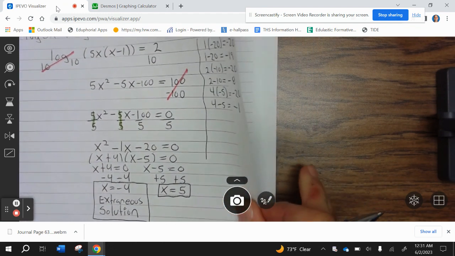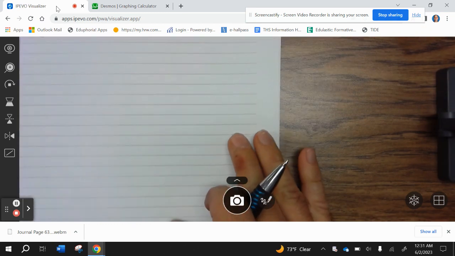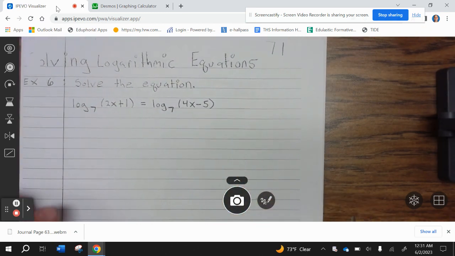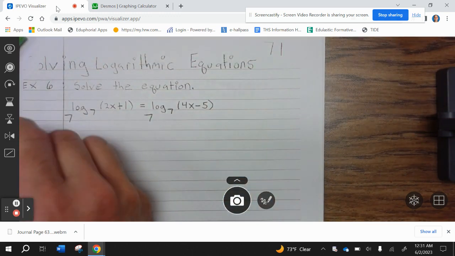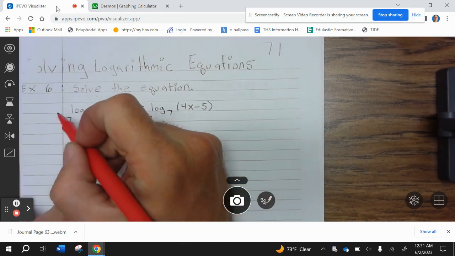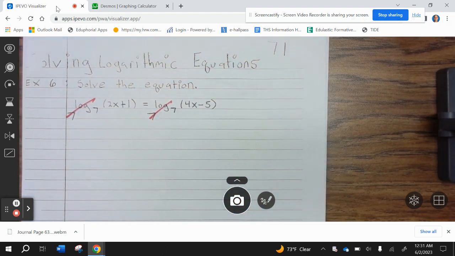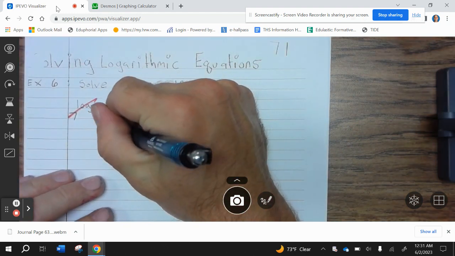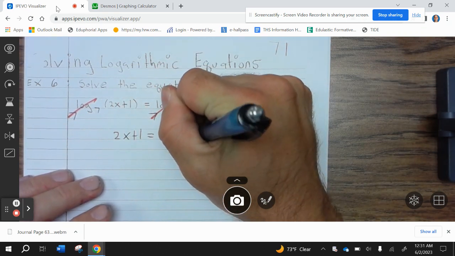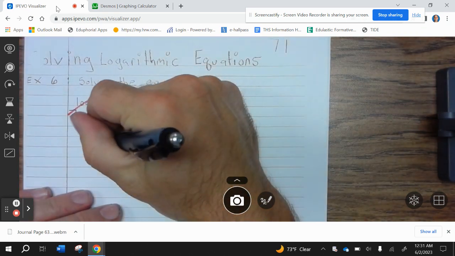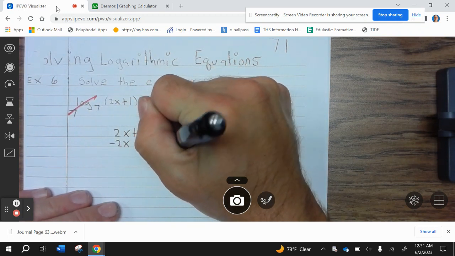Let's take a look at example 6. Okay. Here we can raise both of these by 7. This cancels, this cancels. You get 2x plus 1 equals 4x minus 5. Subtract 2x from both sides.